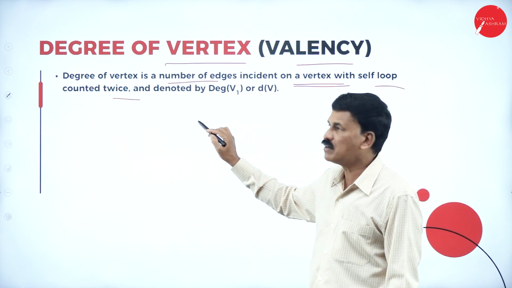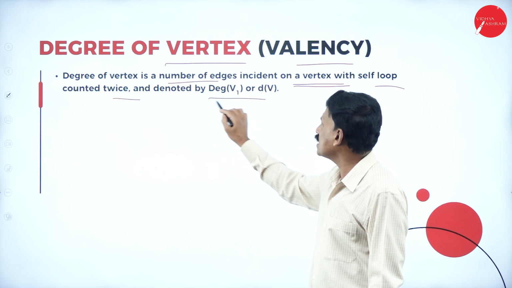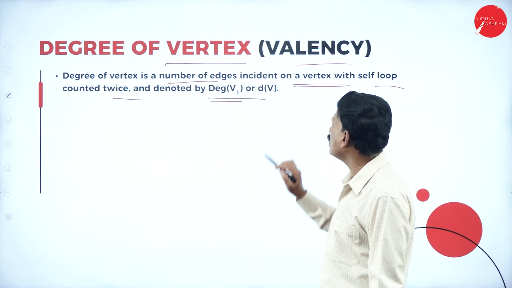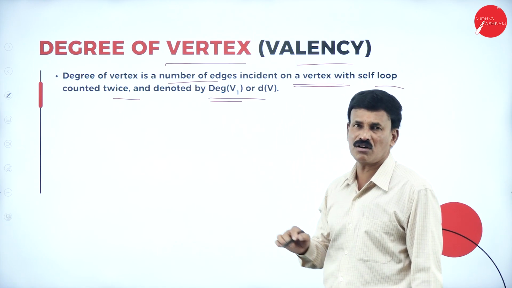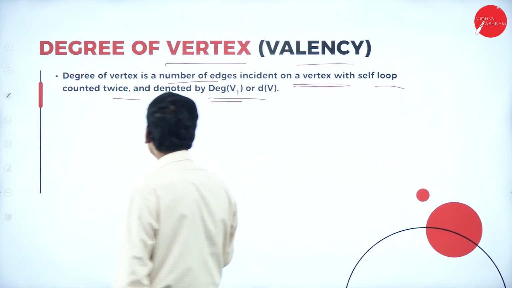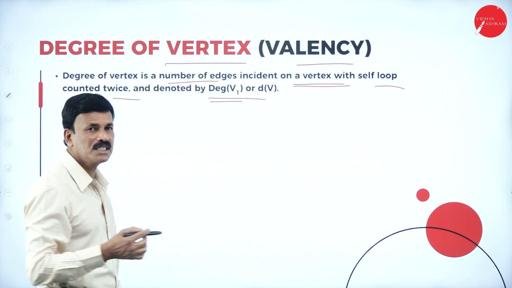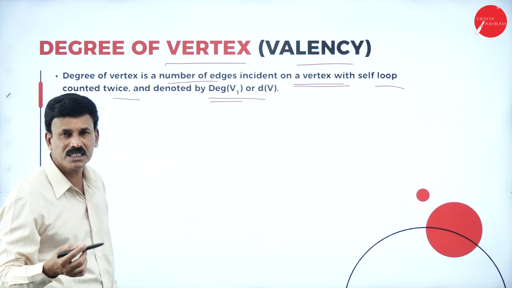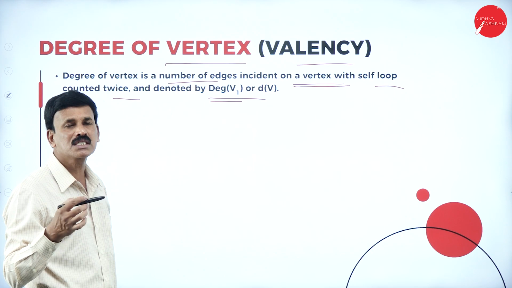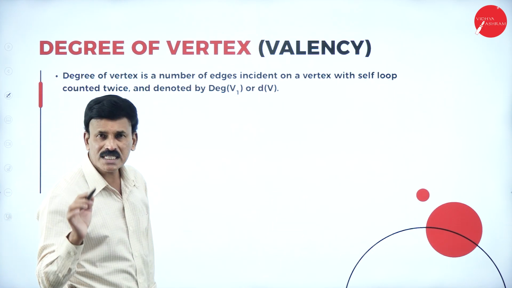The degree of a vertex is denoted as deg(V1), or deg(V). Now, let us take an example.